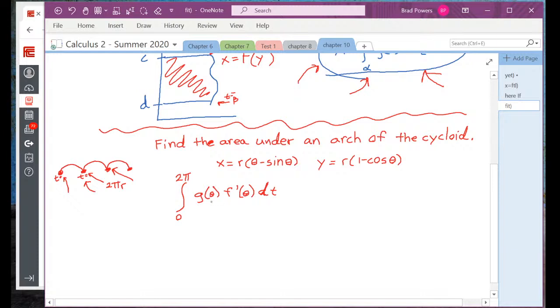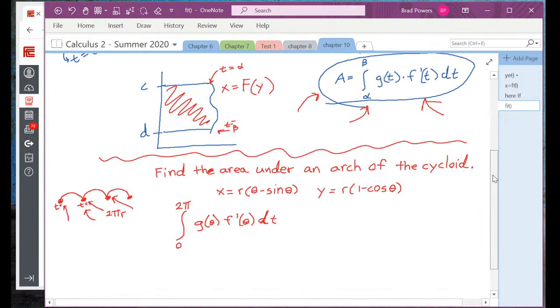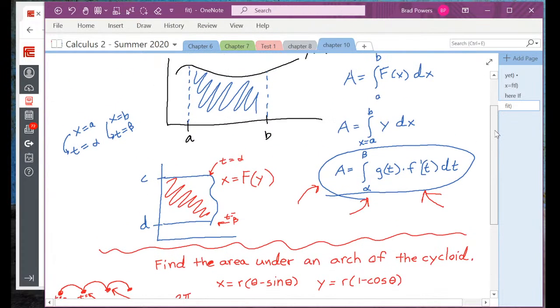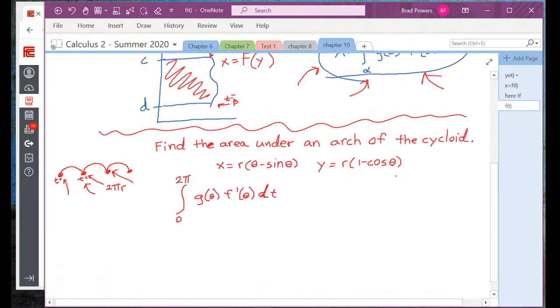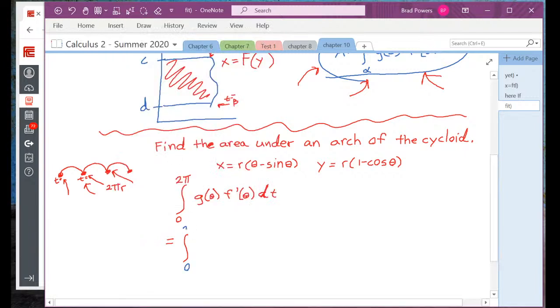All right, well, what's g of theta? Remember when we wrote this formula up here, that was our function for y. So what is y? Y is right here. And I should change colors, to make this a little easier for you guys to look at. Our function for g of theta is the y, so y is r times 1 minus cosine theta, times f prime of theta.